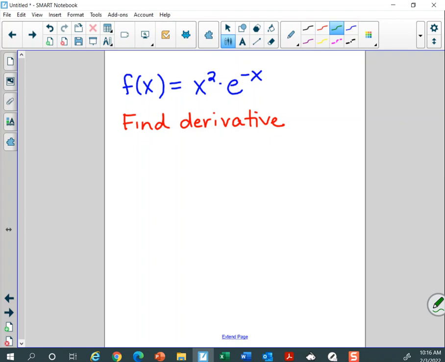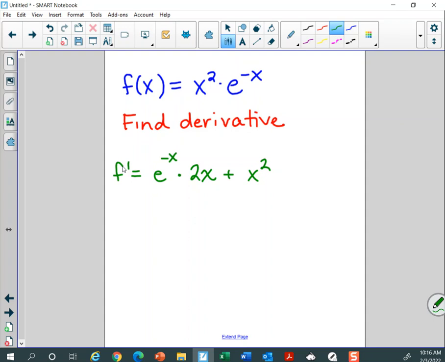All right. Product rule. Product rule is a lot more forgiving than quotient rule. For quotient rule, if you do it in the wrong order, you're wrong. Product rule, you can kind of go either way, as long as you remember to keep one factor of the product the same, and the other piece its derivative.